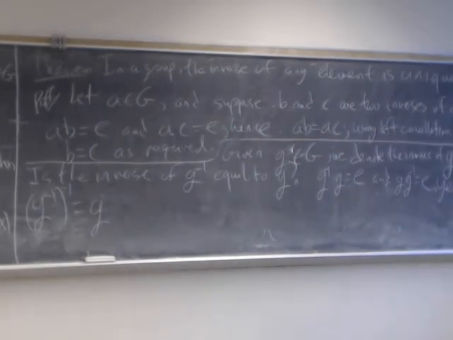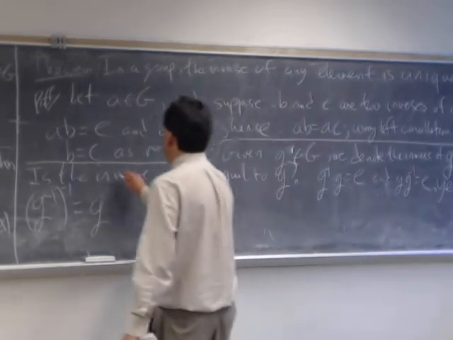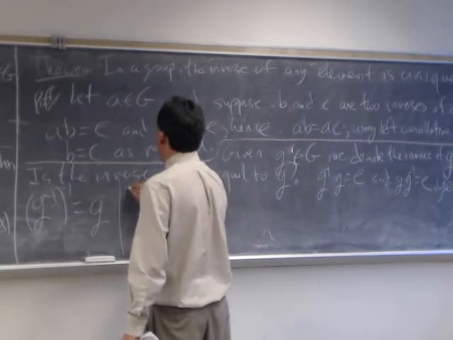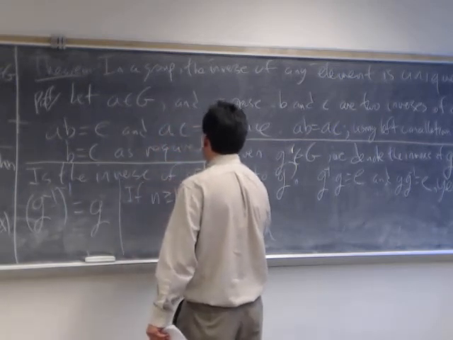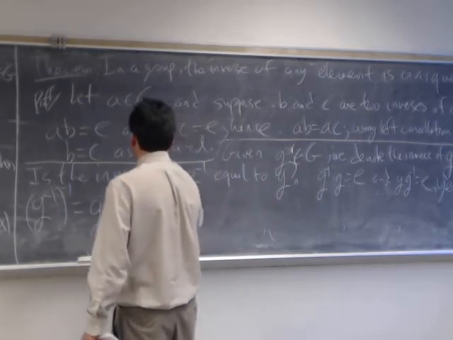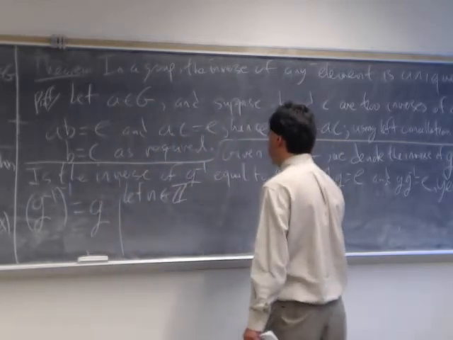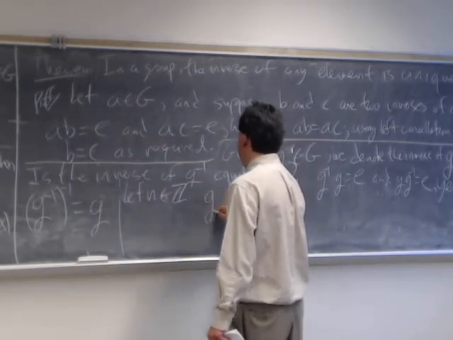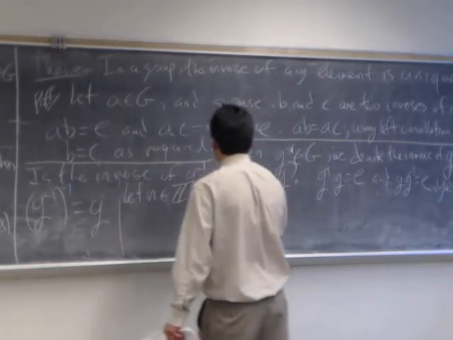And so in some ways, in keeping track, even in an abstract group, we can use some of the properties of exponents. So we define, let's just start with n an integer. For any integer n, g to the n is defined as follows.